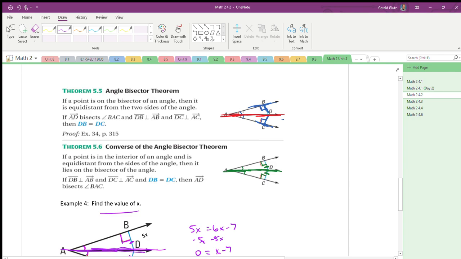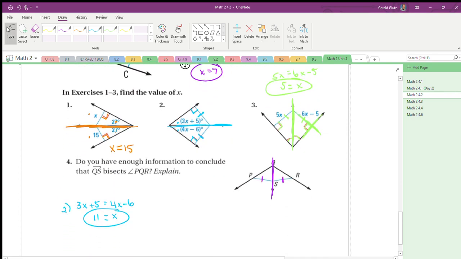We either knew that these two angles are congruent and this is a 90-degree angle, or we knew this segment was congruent to this segment, and these two are 90-degree angles. Since we don't have the 90-degree angle, we don't know that these two lines are perpendicular. I need these two lines to be perpendicular. We cannot say, so the answer would be no.